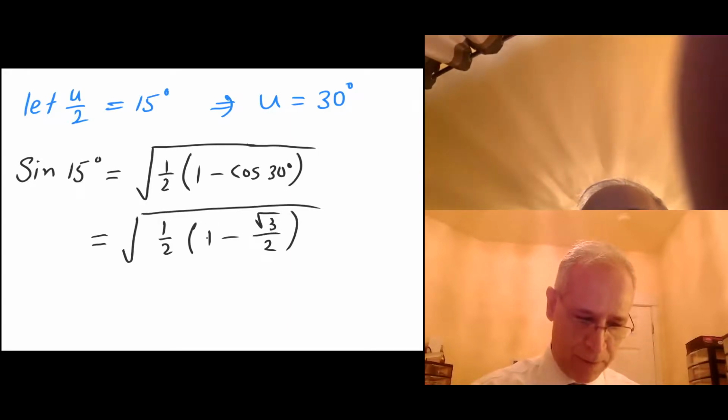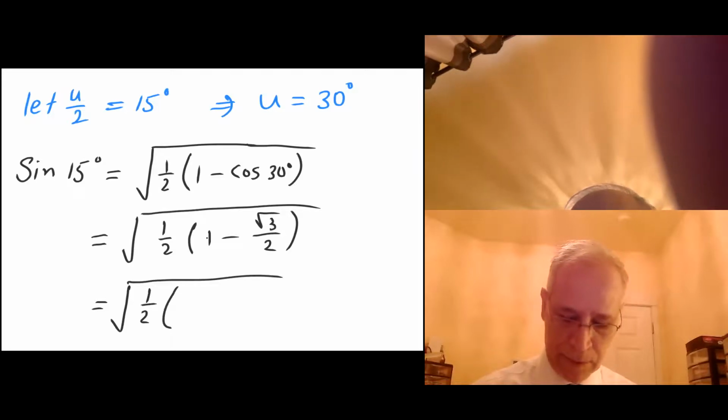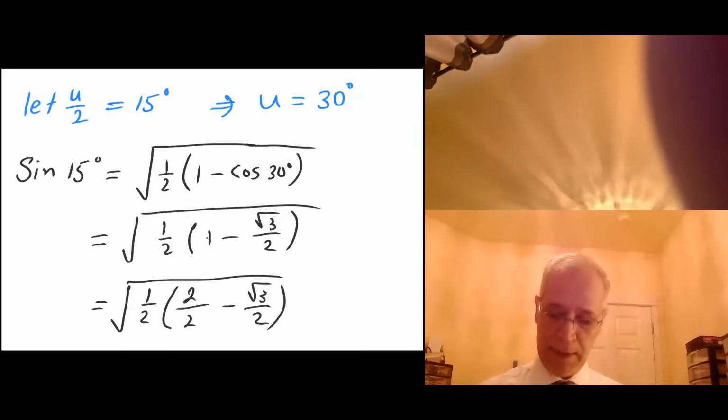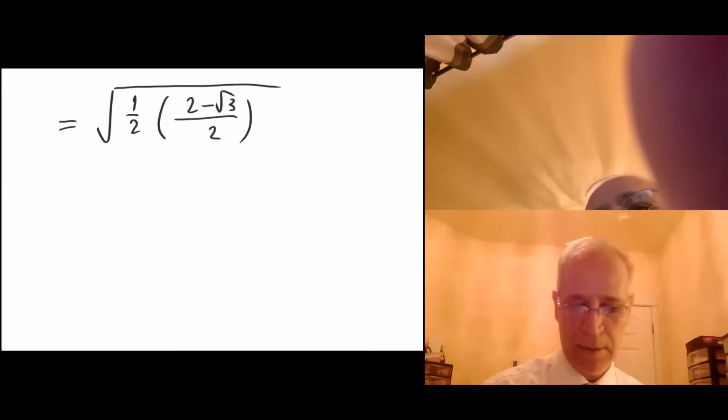So that equals 1/2. Let's see, least common denominator. So I'm going to show every step there is. Going to the next page, that equals 1/2 times (2 minus root 3) over 2.